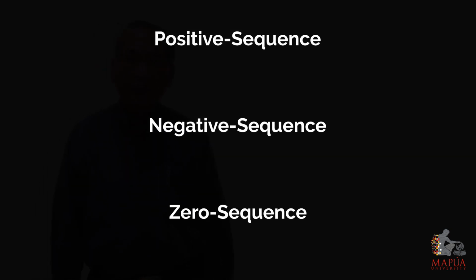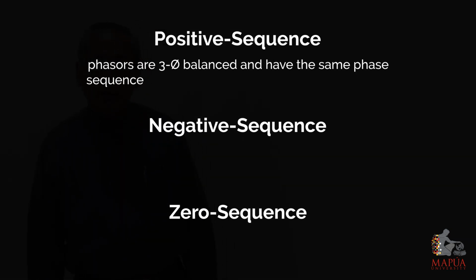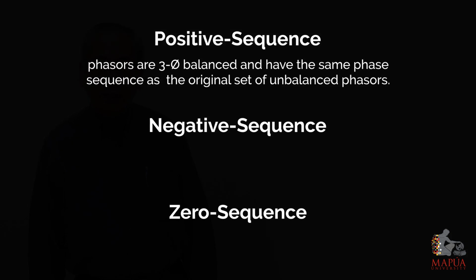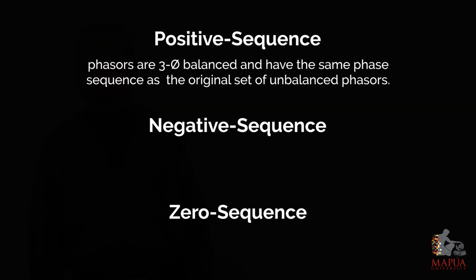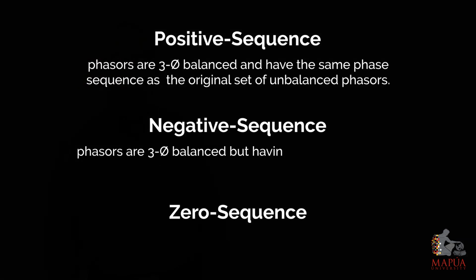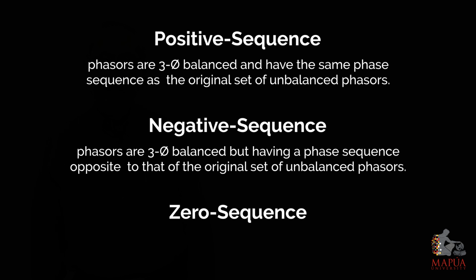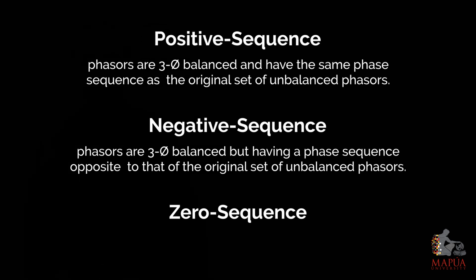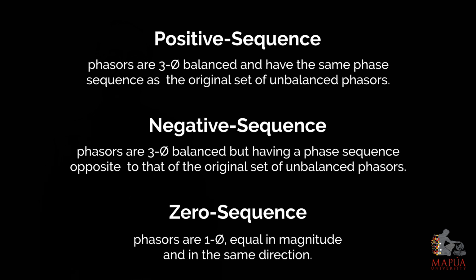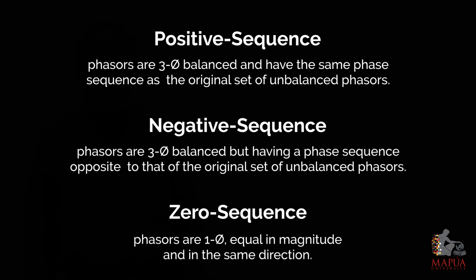Positive sequence networks are phasors, three-phase balanced, and have the same phase sequence as the original set of unbalanced phasors. For the negative sequence, these phasors are three-phase balanced but have a phase sequence opposite to that of the original set of unbalanced phasors. The zero sequence phasors, on the other hand, are single phase, equal in magnitude and in the same direction.